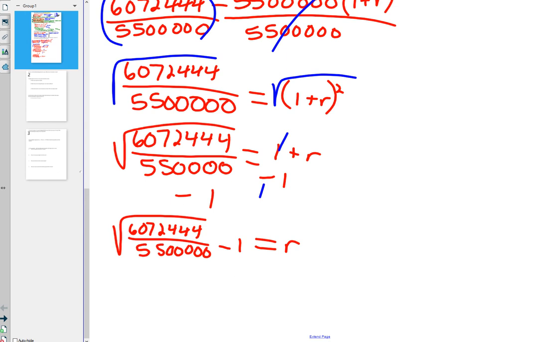So I'm going to have to do a square root, in a parentheses. So square root parentheses 607,244 divided by 550,000, close the parentheses, and then a minus 1. And I'm getting, this is a percent, I'm sorry, I might have said we're measuring people.